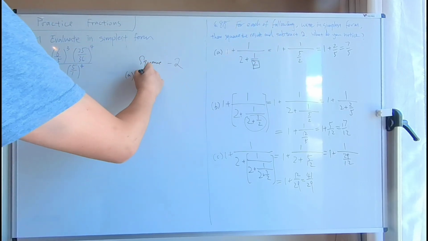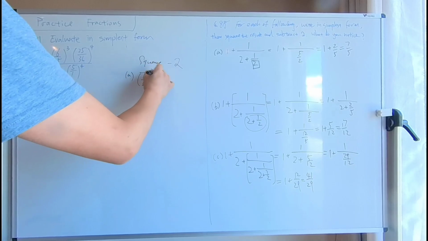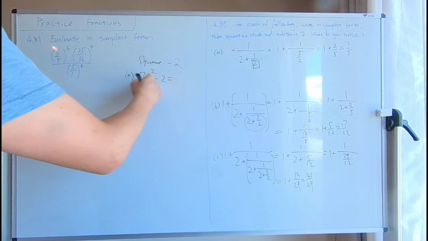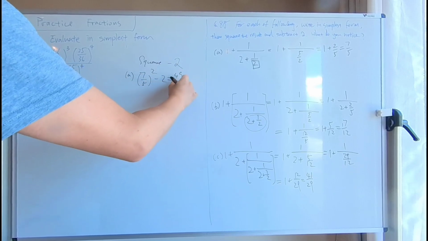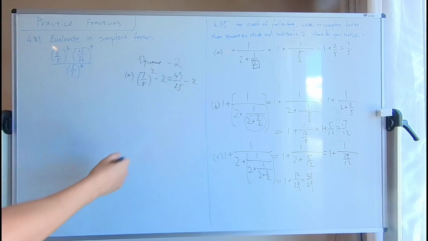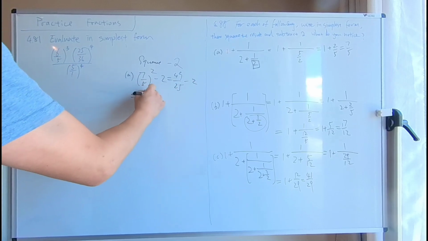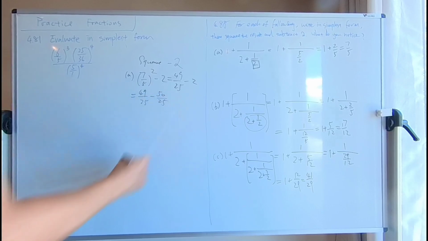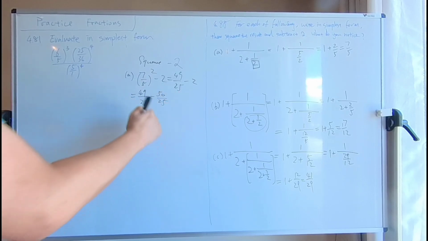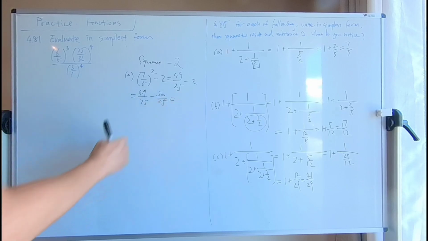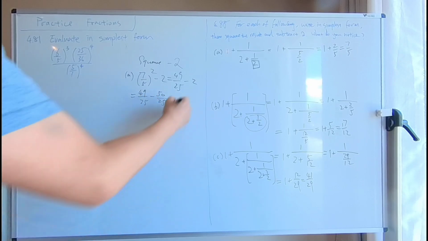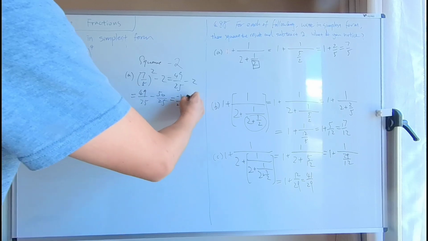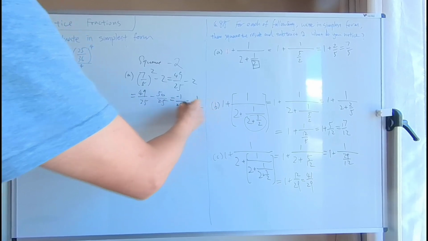Square the results, minus 2 equals 49 over 25, minus 2. 2 is 50 over 25, in order to get the common denominator for the subtraction. And then 49 minus 50 is minus 1 over 25. So it's just minus 1 over 25.